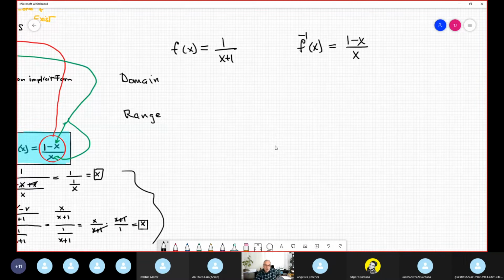Domain is all real numbers except the restriction, and you have a restriction because it's division. So you take the expression in the bottom and force it to be 0. Because x is not 0, therefore there is no negative 1. The only bad guy in this game is negative 1. So domain is all real numbers such that x is not equal to negative 1.